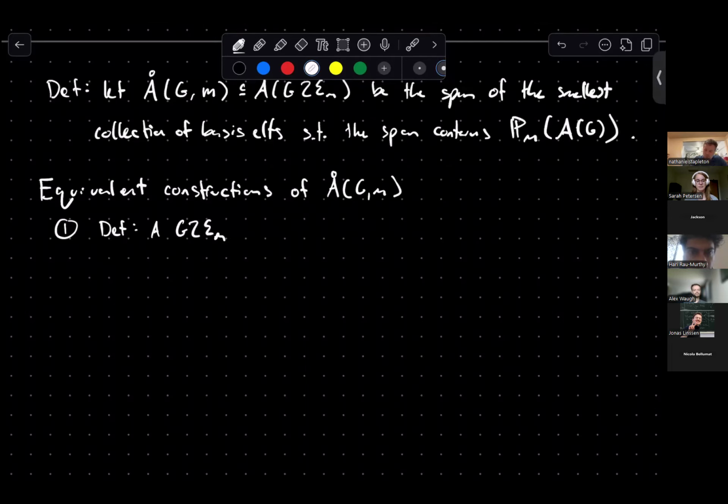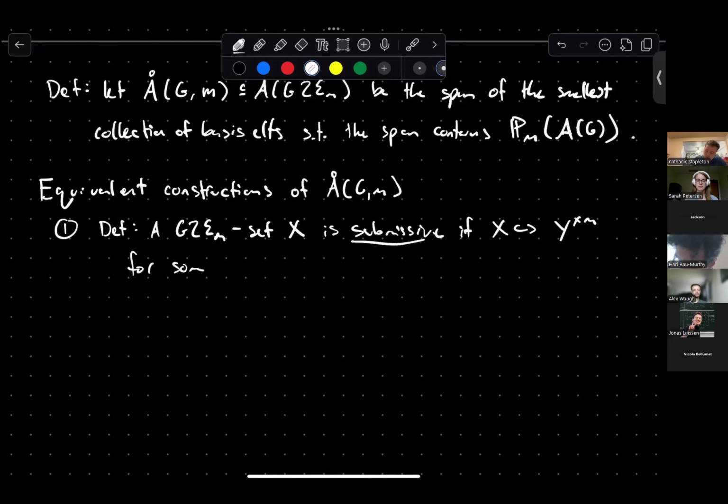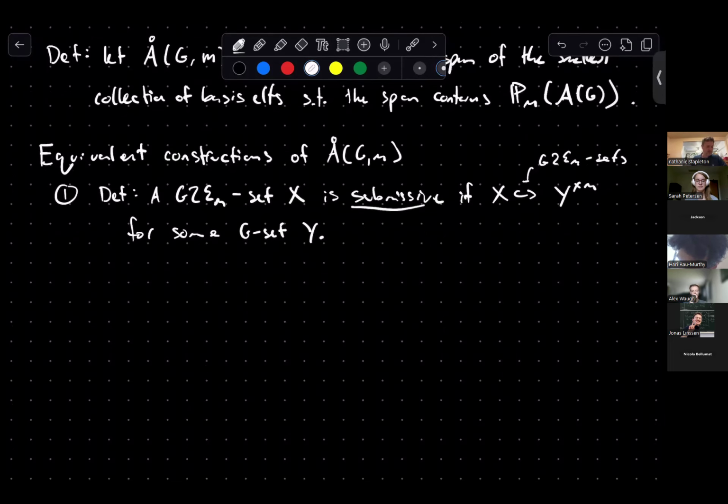Well, a G wr sigma M set X is called submissive if X injects into Y to the M, and this has to be a map of G wr sigma M sets, for some G set Y. So if I can embed X as a G wr sigma M set in Y to the M for some G set Y, then I call X submissive because it submits to power. That's why it's called submissive.